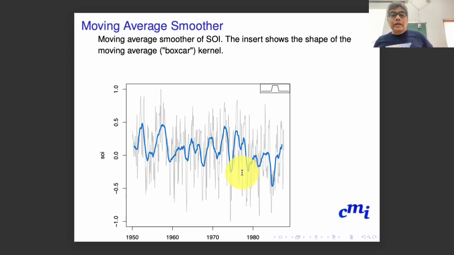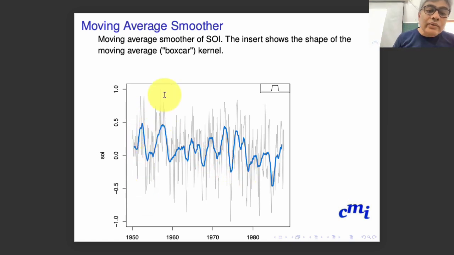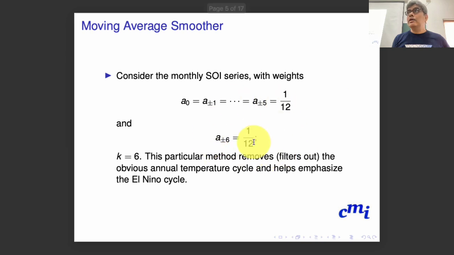If you just look into this, there is a natural annual cycle. Okay. And then you apply this filter, which is called the boxcar filter, which is nothing but this.